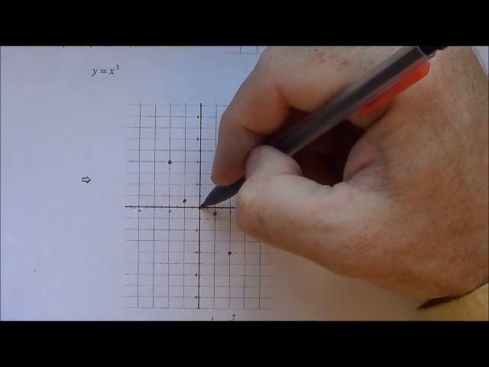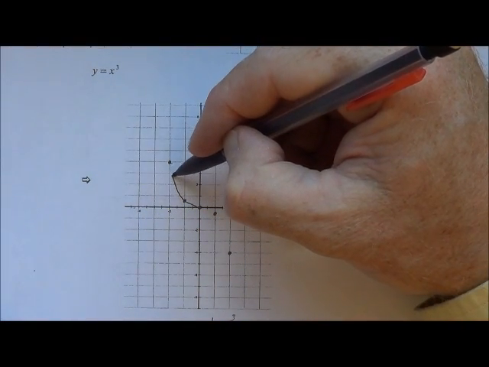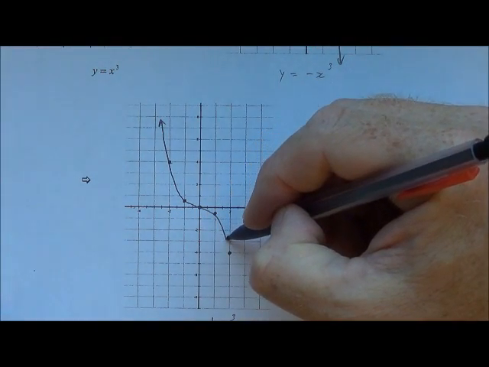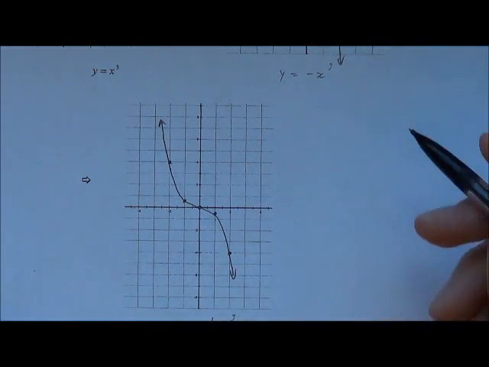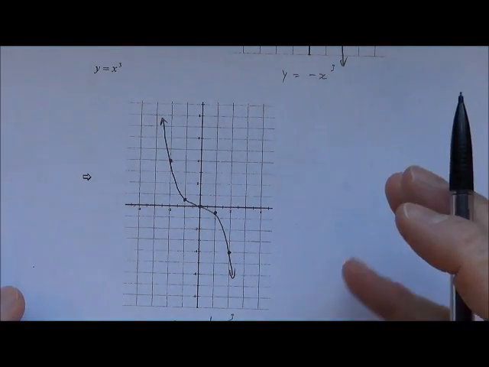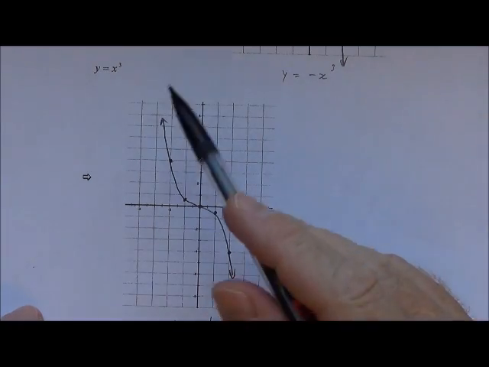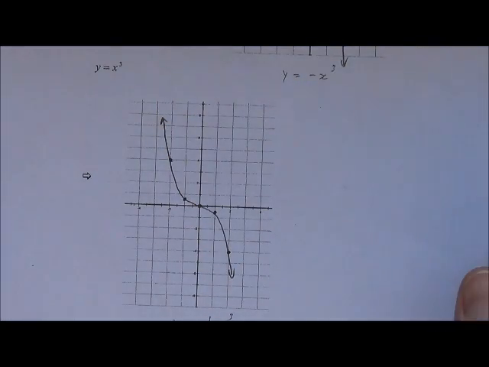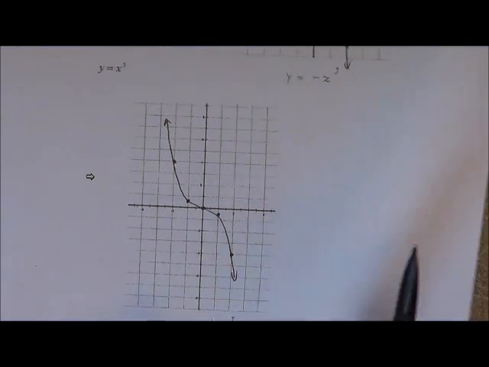Okay, so then the graph ends up being compressed vertically and a little bit wider. That's not a perfect sketch of the graph, but it does get compressed to 1/2 its vertical distance. Okay, so that's one way of doing it.